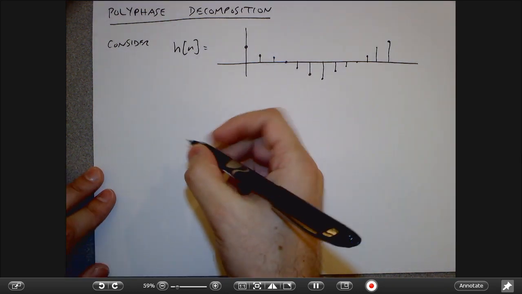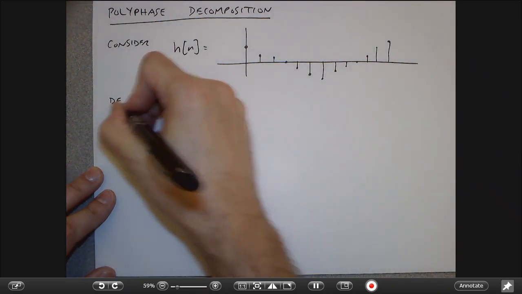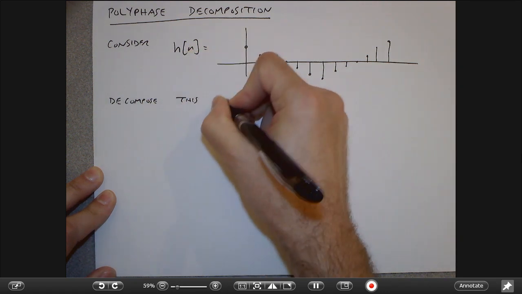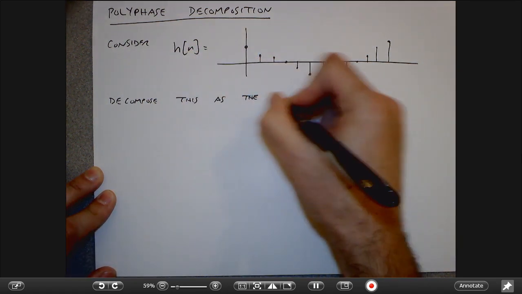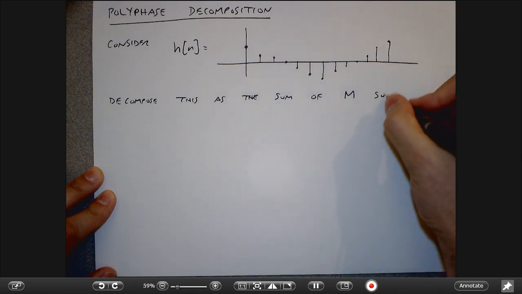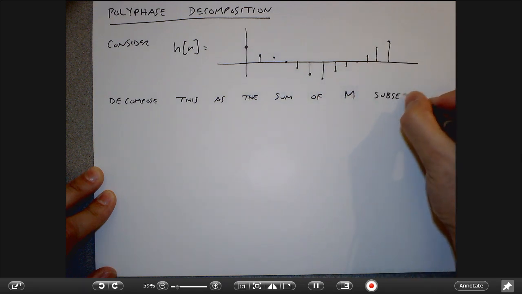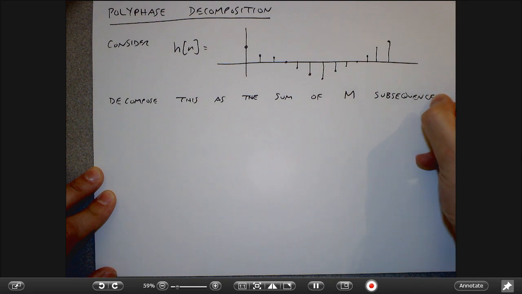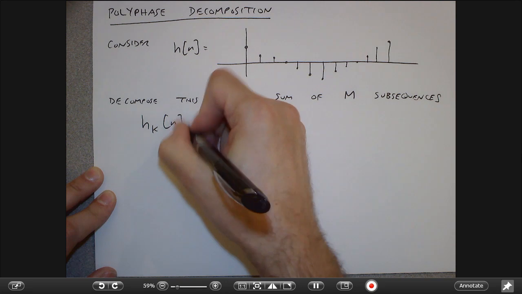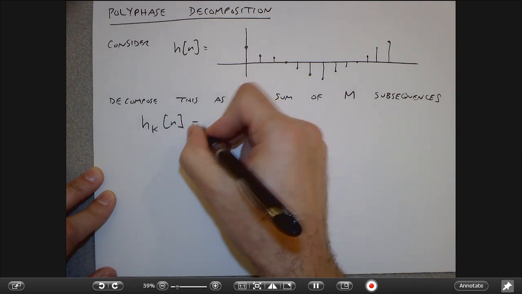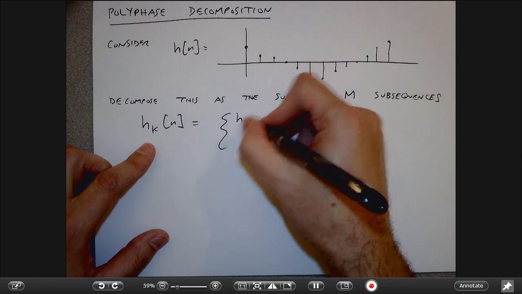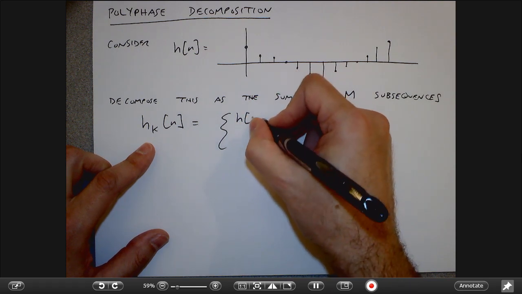So I can say, okay, I can decompose this as the sum of m kind of subsequences hk of n, which are defined as follows. So I'll write down the math first, and then I'll actually show a picture that's easier.